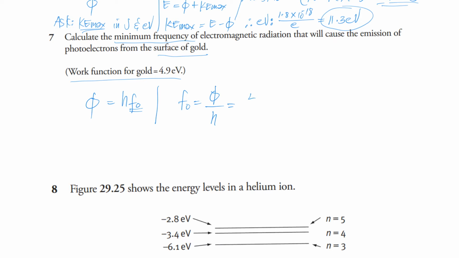The work function is given, it's 4.9 multiplied by the charge of the electron, and h, the Planck's constant, is also given. It's a constant, so you can calculate that. It's 1.2 times 10 to the 15 hertz. There you go. That's your answer for number 7.